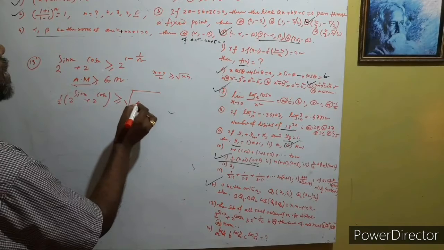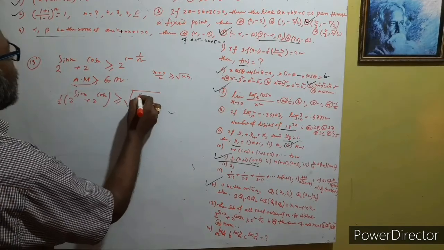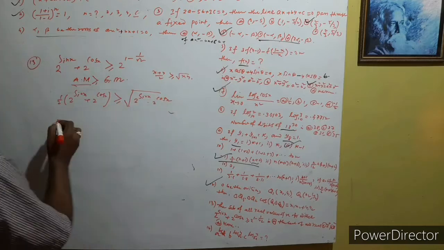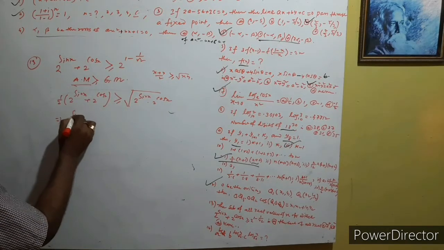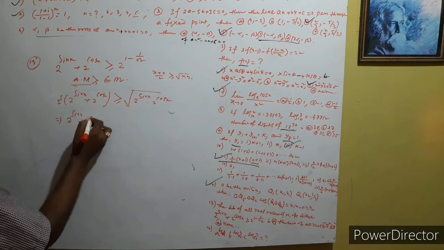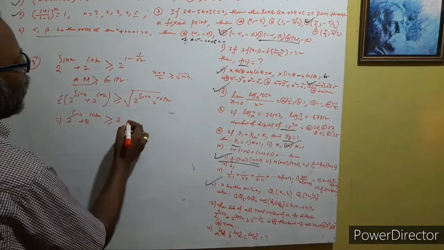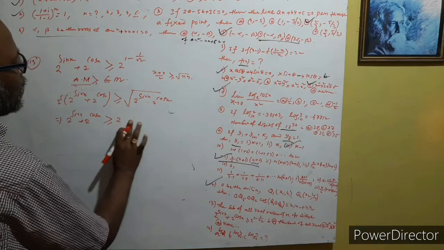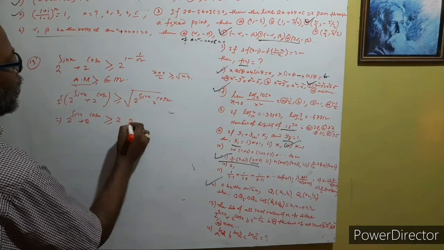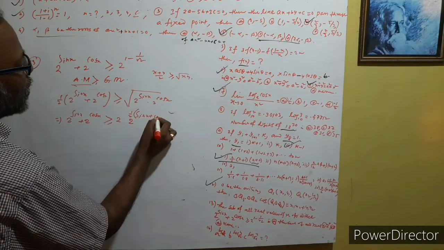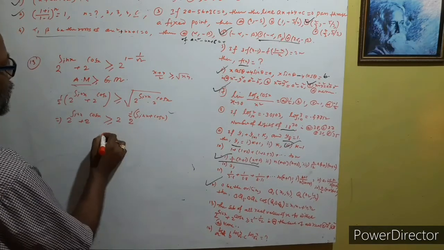So that is 2 to the power sin x and 2 to the power cos x, which equals 2 into 2 to the power half of sin x plus cos x.